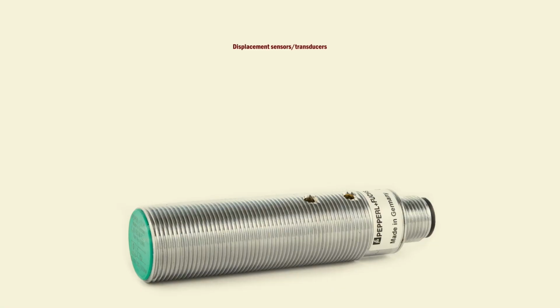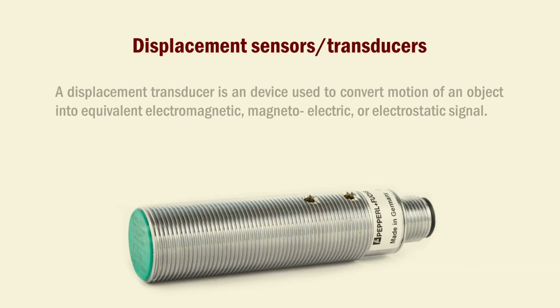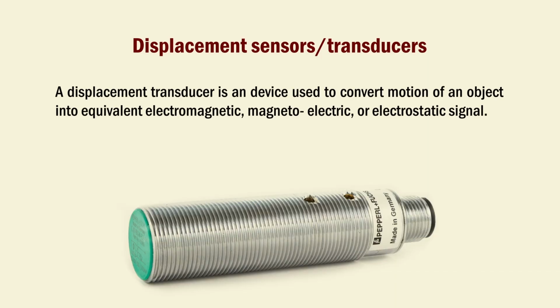In this section, we will study various displacement sensors used for measurement of displacement, pressure, force and other physical quantities. A displacement transducer is a device used to convert motion of an object into equivalent electromagnetic, magnetoelectric or electrostatic signals.